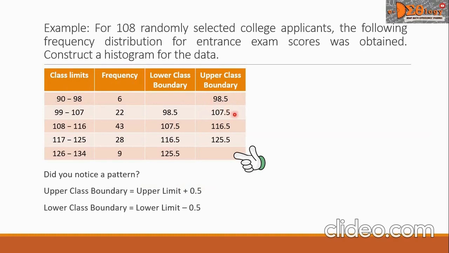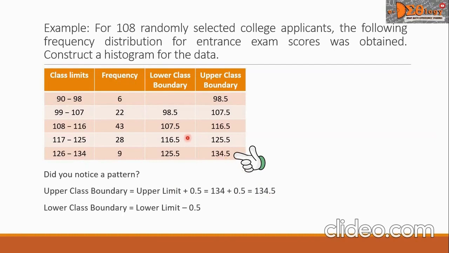The same is for 107.5, that is 107 plus 0.5, we will get this value. And that is also true for this 116.5 and also for 125.5. It means to say, using that pattern, we can simply get the value for our last blank, the upper class boundary of the last class, and that is 134, this upper limit plus 0.5, we will get 134.5 that we can write in here.